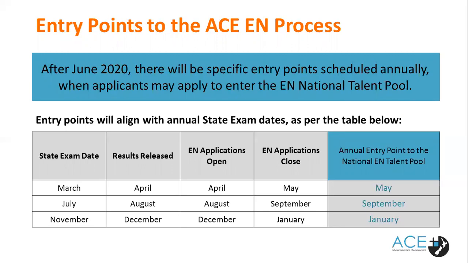There's usually 3 state exams in a year in March, July, and November. And then the EN applications will open up a month later, where there will be a month for you to complete your applications. And then afterwards, the National EN Talent Pool will open.